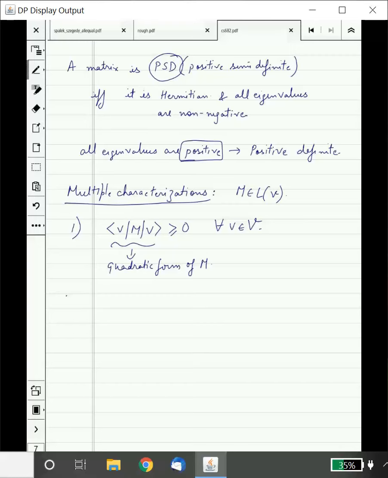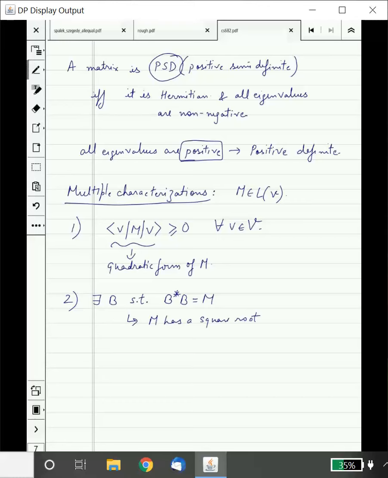The other definition is that if there exists a B such that B star B is equal to our matrix M, then it's a positive matrix. One way to remember this would be to say that M has a square root. I am not making it rigorous at this point, but by the end of the lecture it will be clear to you.